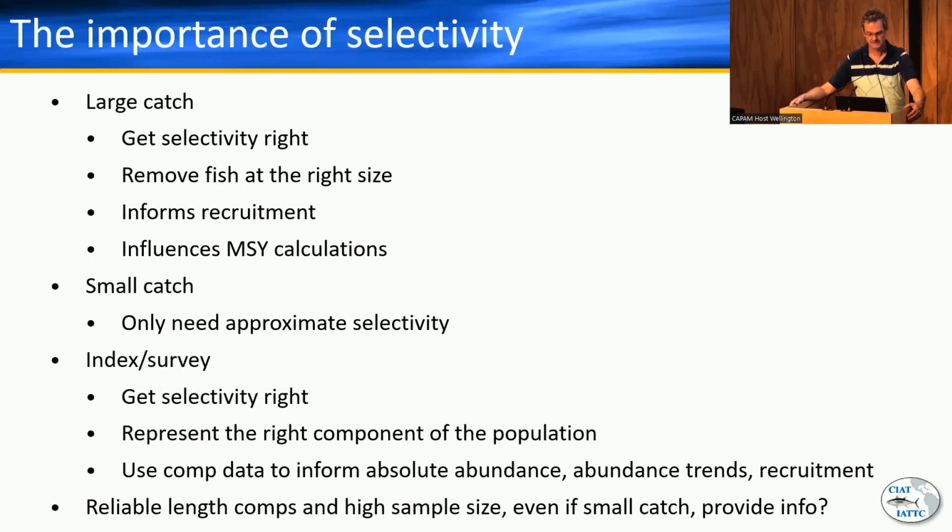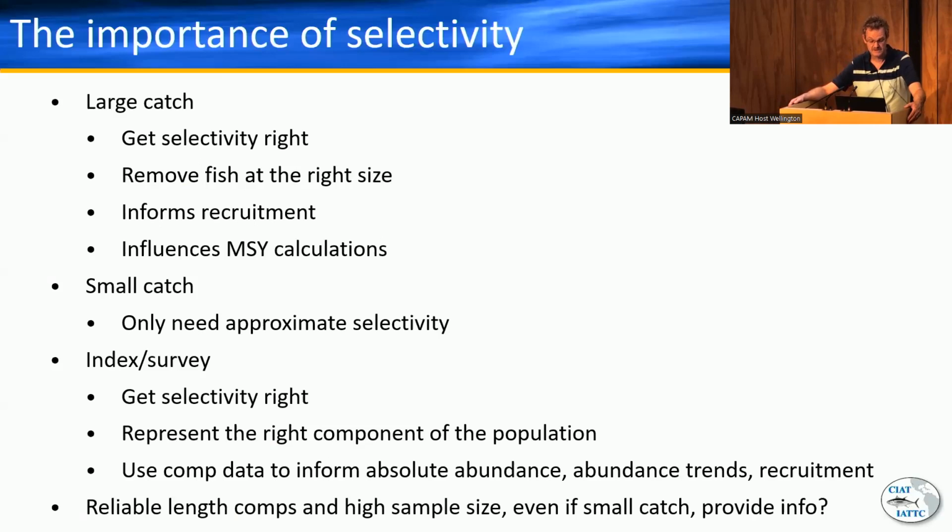It also probably informs recruitment, if you think about a cohort analysis, because it's most of the catch and represents most of the fish that have been removed, so therefore it will relate somehow to the estimates of recruitment. Now, if the fishery only catches a small amount of catch, it really doesn't matter that much if you remove the fish at the wrong size, so you really only need to approximate the selectivity curve.